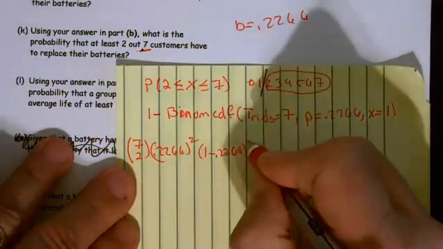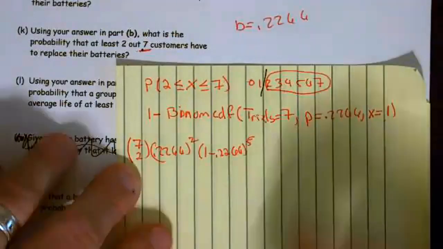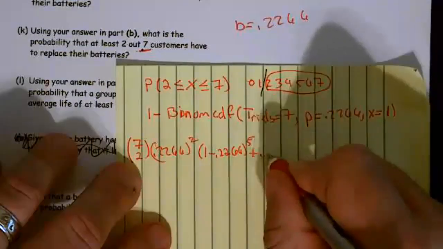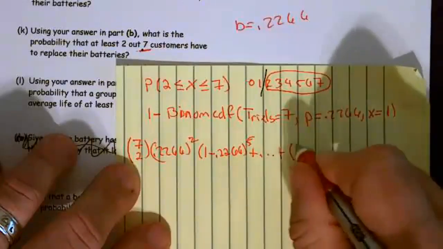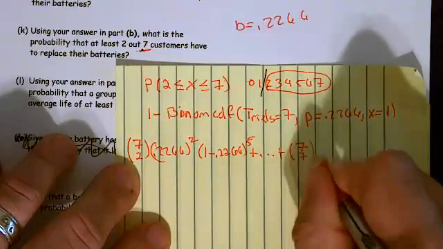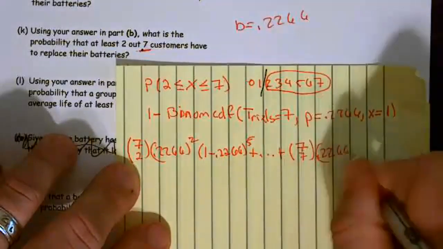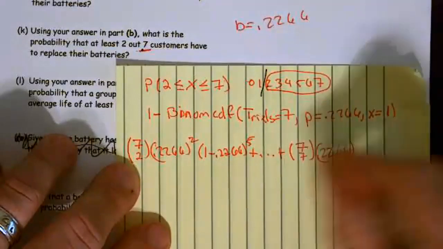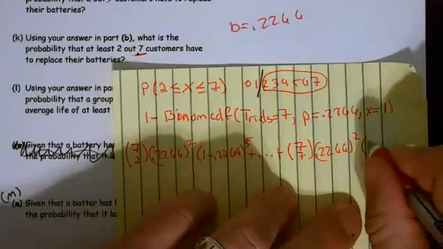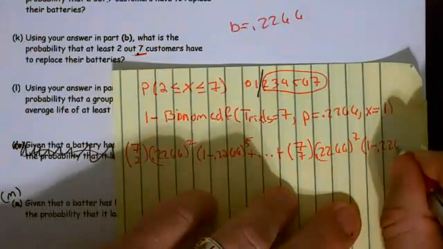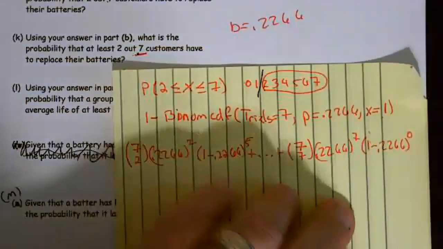7 minus 2 is 5. Plus dot dot dot plus 7 choose 7, 0.2266 to the 7th power, 1 minus 0.2266. 7 minus 7 is 0.